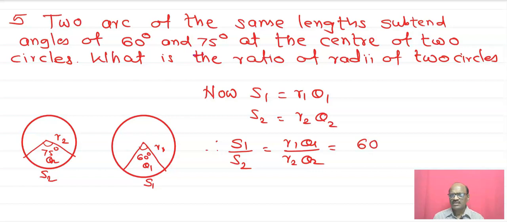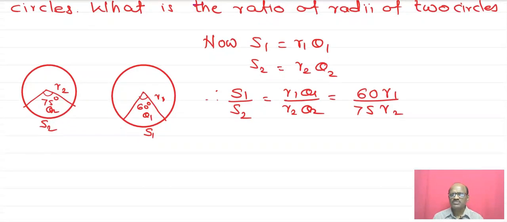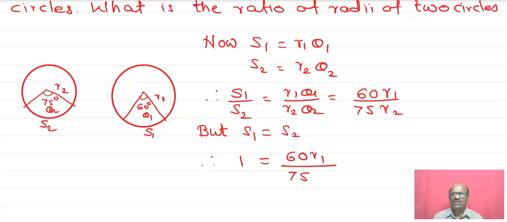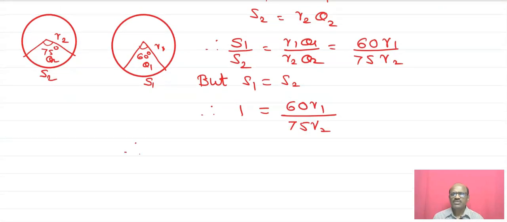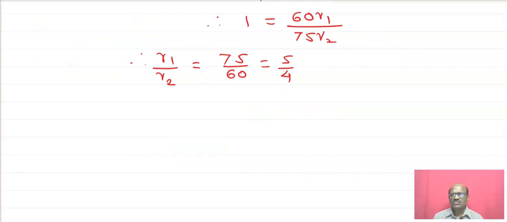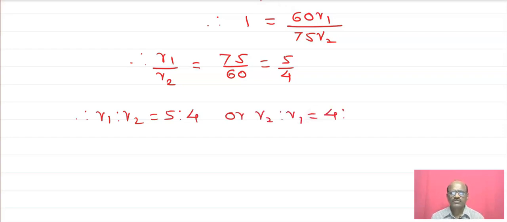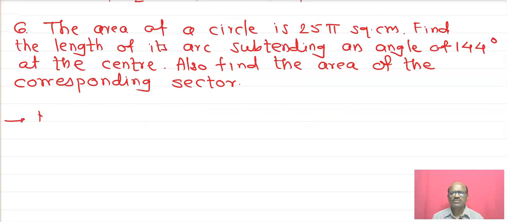I have taken the ratio S1 upon S2. Therefore, if you substitute, S1 upon S2 is equal to 60 R1 upon 75 R2, but S1 is equal to S2, so that is R1 upon R2. The ratio of the first to the second is 5 is to 4. That is, R1 is to R2 is 5 is to 4, or R2 is to R1 is 4 is to 5.